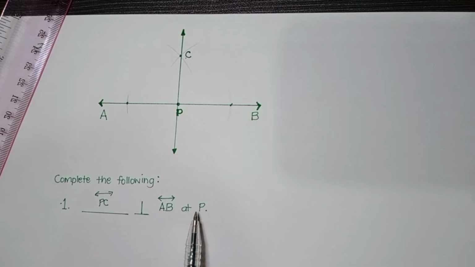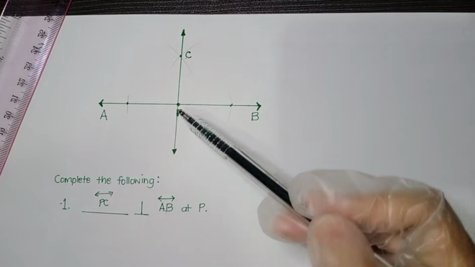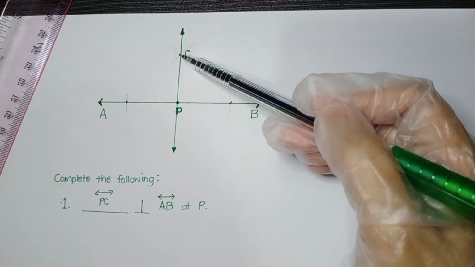Saan? At point P. Okay, so blank is perpendicular to line AB at point P. Ano yung line na perpendicular dito sa line AB natin? We have line PC.